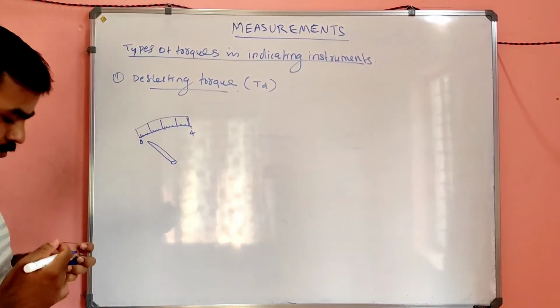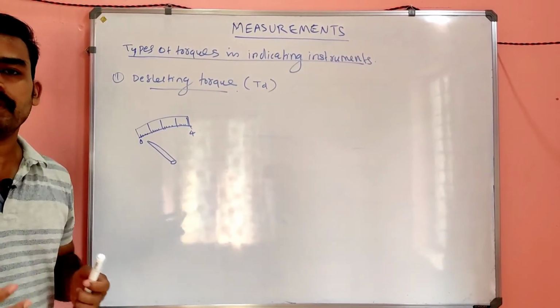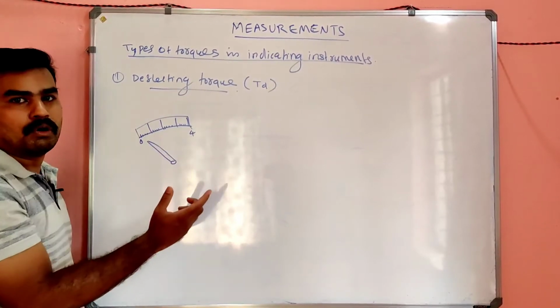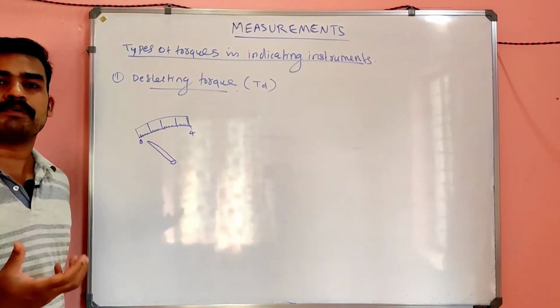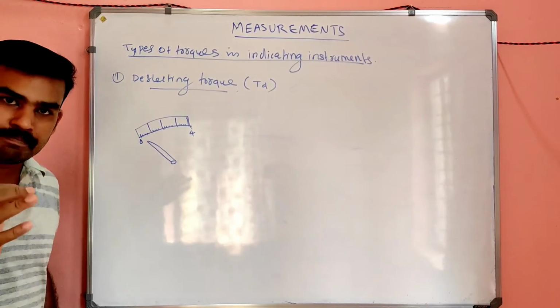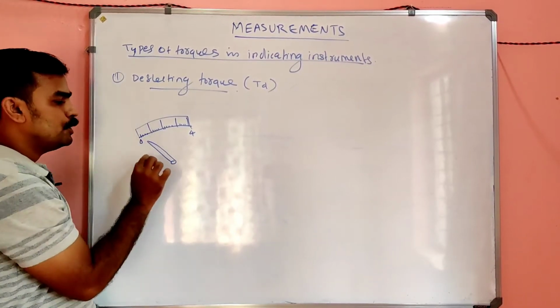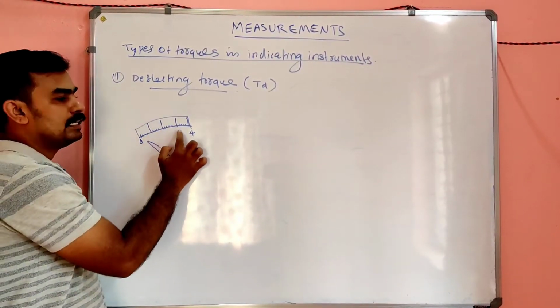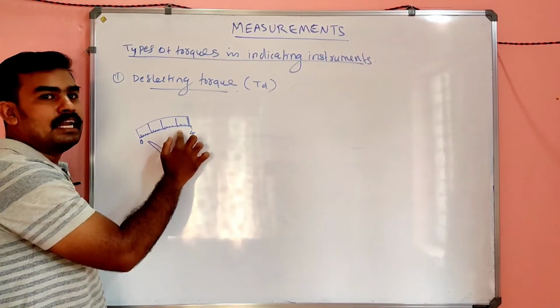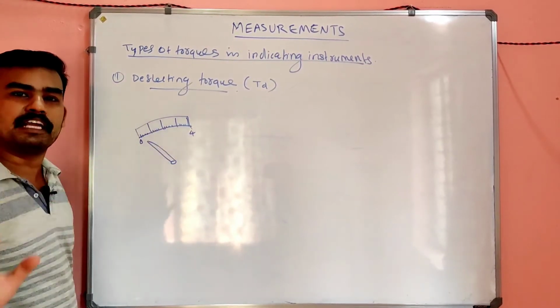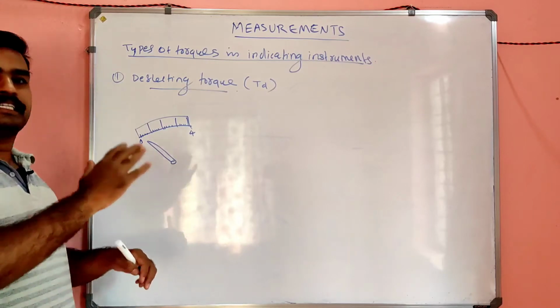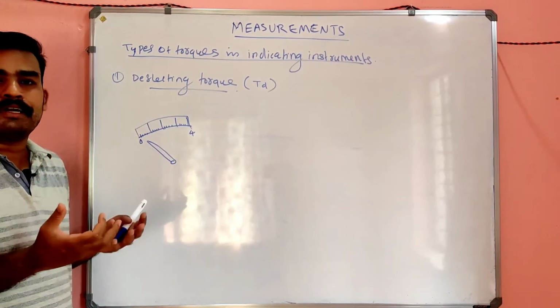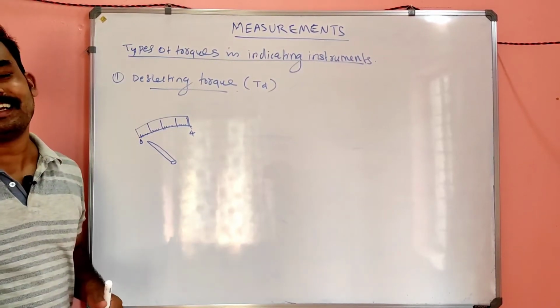So deflecting torque means it is the torque responsible for the reading, or for starting the pointer from its 0 position to the corresponding value of voltage or current applied. Or the deflecting torque is the torque required for the deflection of the pointer.